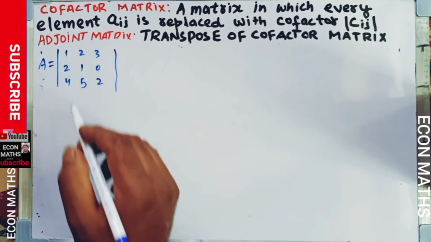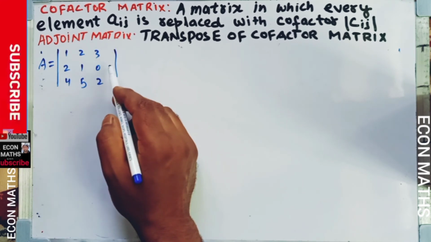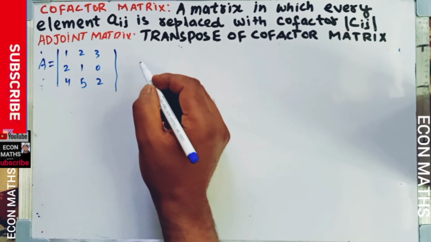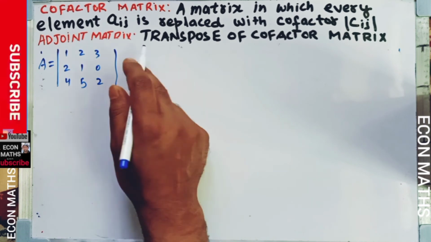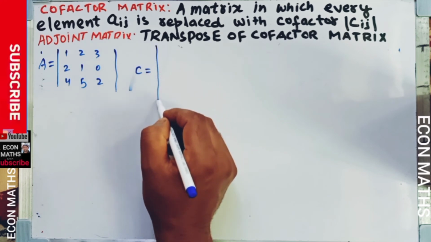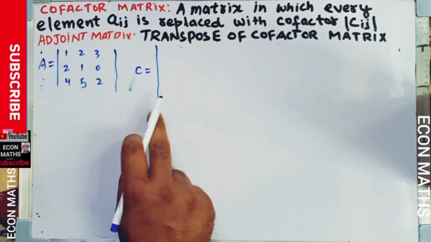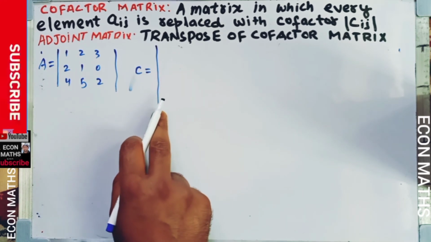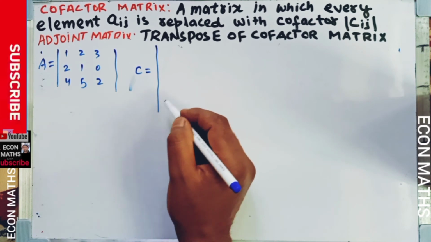Now the adjoint of this matrix, as we have seen, is given by the transpose of the cofactor matrix. I will write the cofactor matrix here.